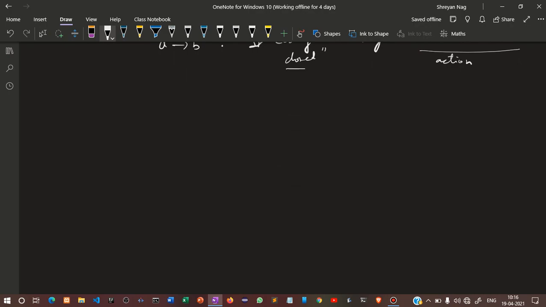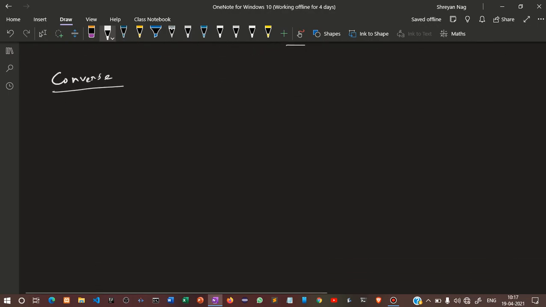Now we will be discussing converse, inverse and contrapositive. So what is a converse statement? A condition obtained by interchanging the antecedent and consequent of the given statement is known as converse. Let us give an example so you understand a little more.